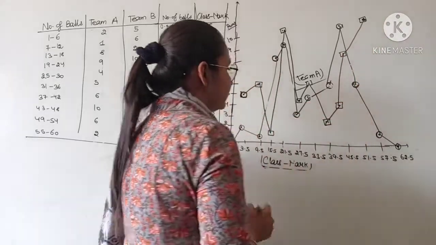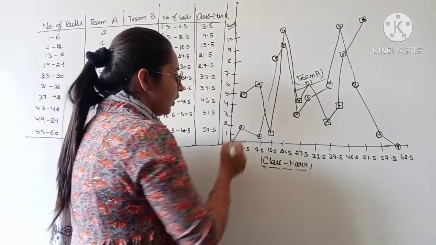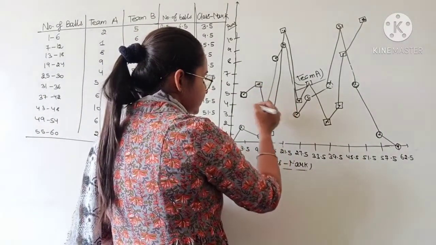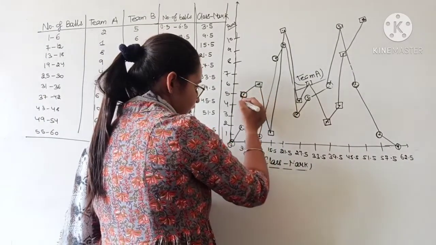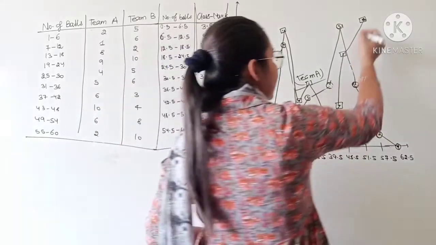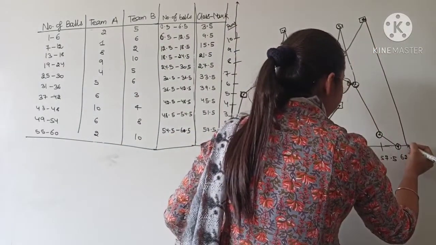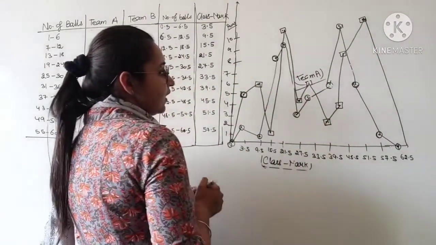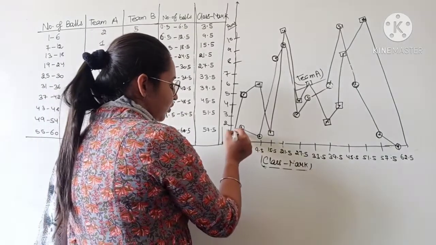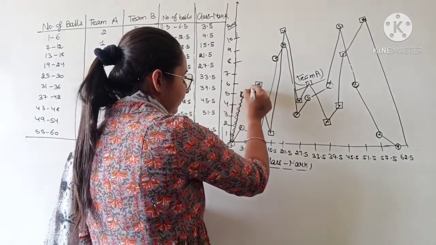Now see, if you are connecting these points, then you will draw the frequency polygon with 0 frequency at the start and 0 at the end, using a dashed line here.